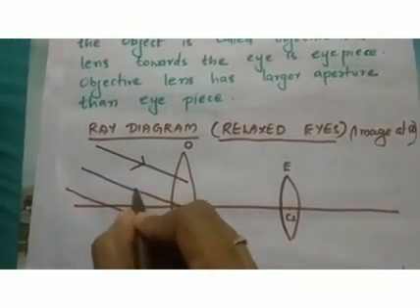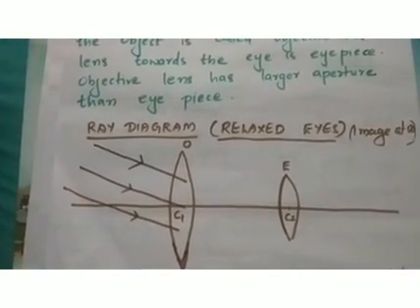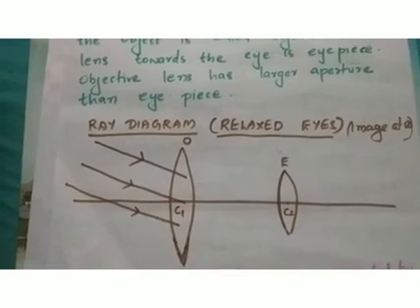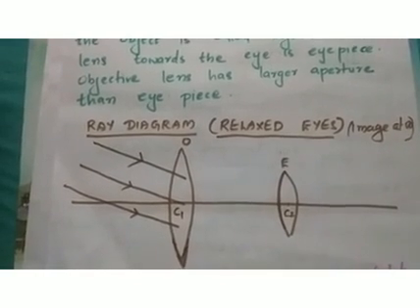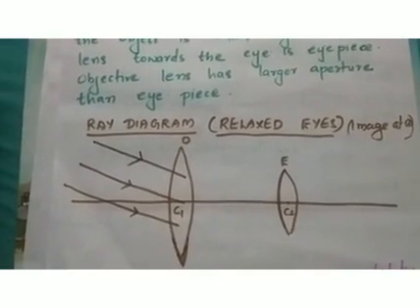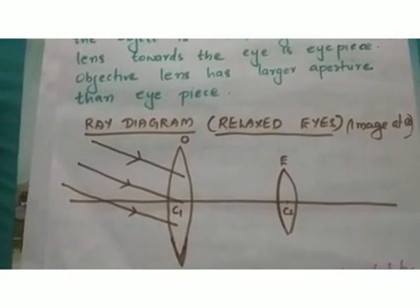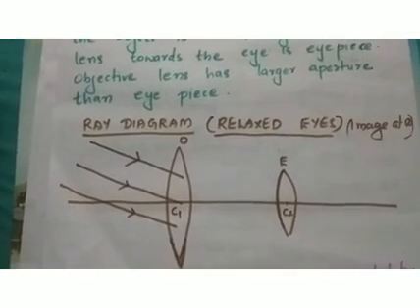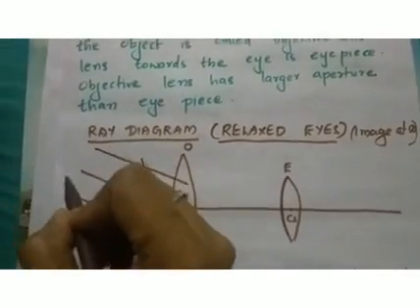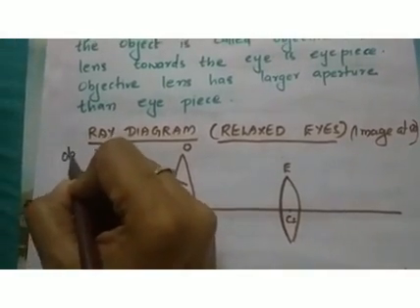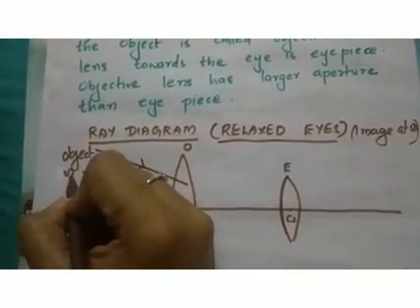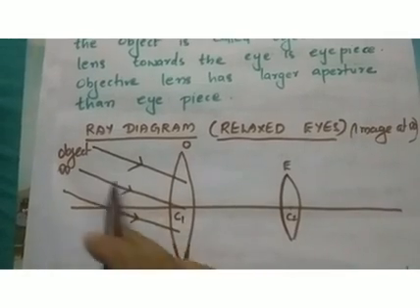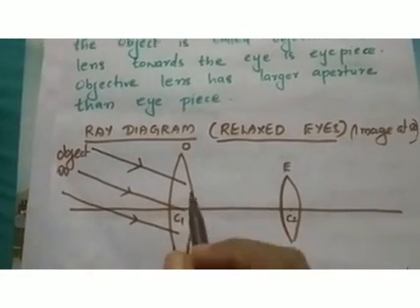Okay, so these are the three parallel rays received by the objective lens. Of course, many rays are there, but for our convenience, we consider only three rays coming from the object. So our object is at infinity, and these are the rays received from the infinite object.